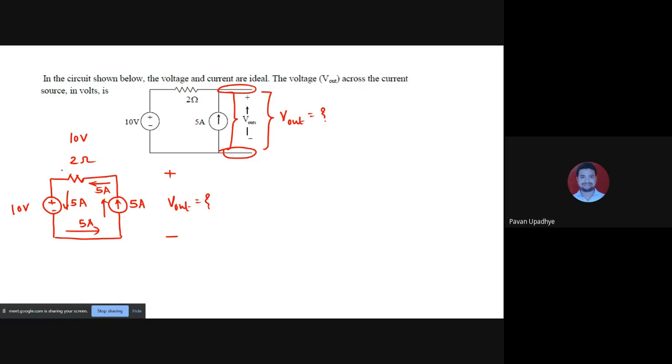So this must be the higher side of potential and this must be the lower side of potential, since current flows from higher side to lower side. So 10 volt must be having this as the higher side and this as the lower side.